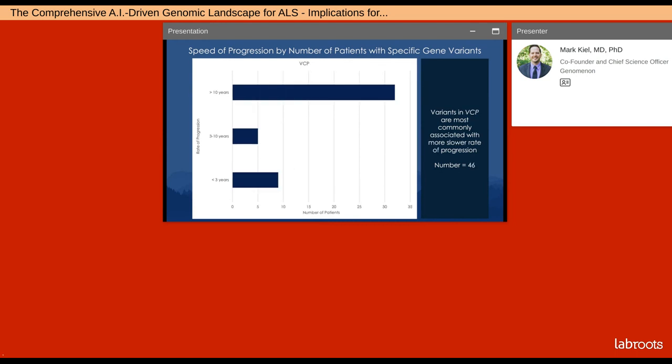So in contrast to the fast and early presentation of ALS for patients with mutations in FUS are patients who have mutations in the VCP gene that are associated with neurological disease, including ALS.